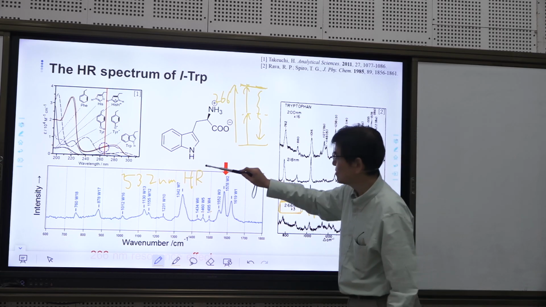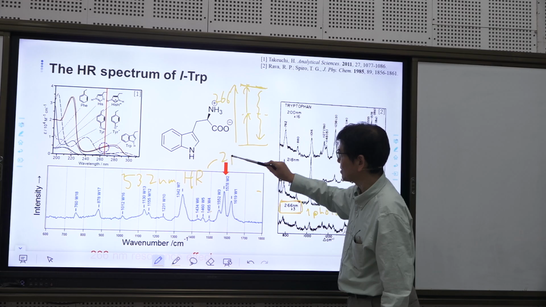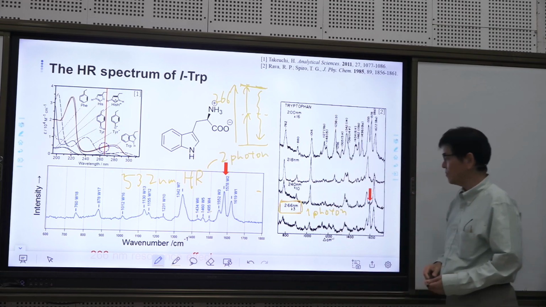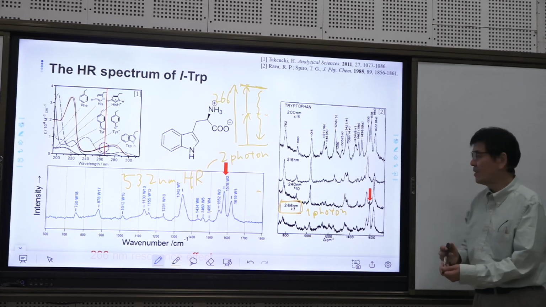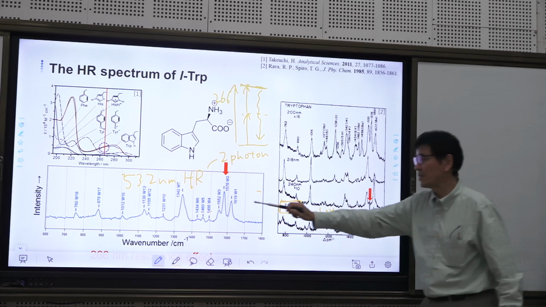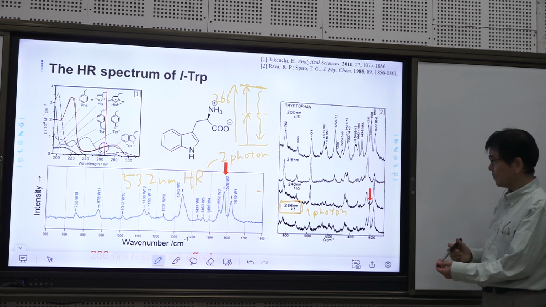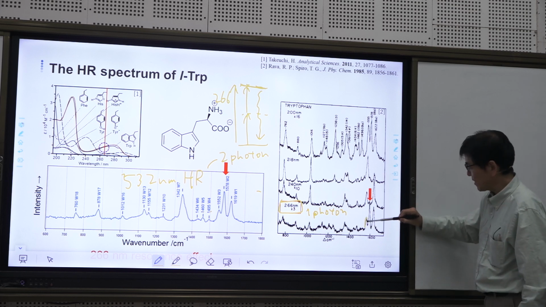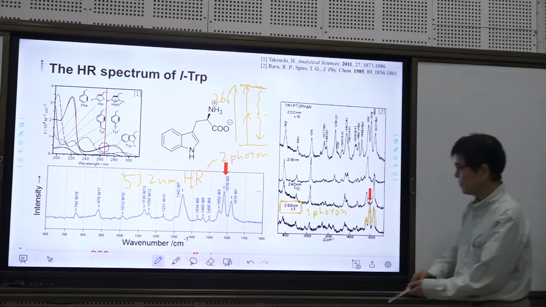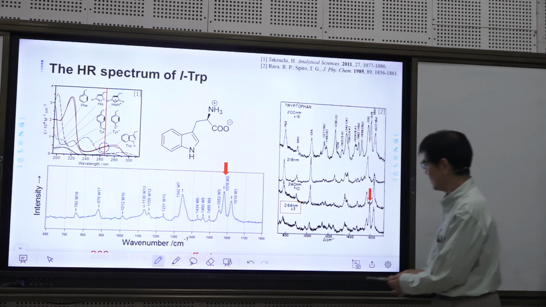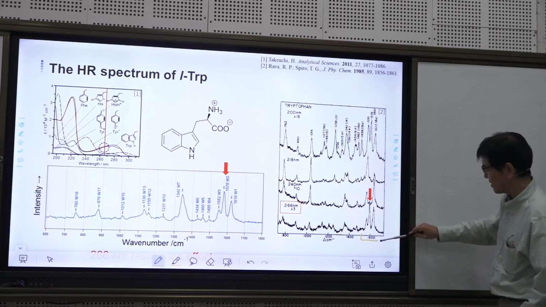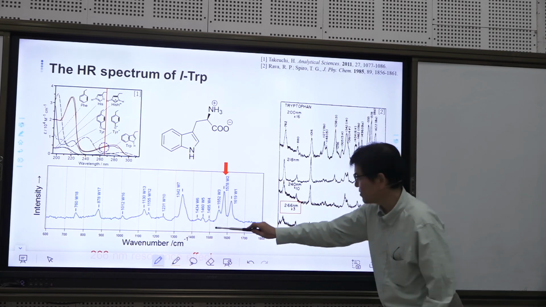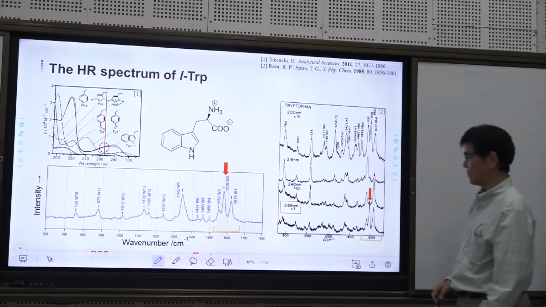This is 2 photon excitation. Let's compare this spectrum and the blue spectrum. You see, here are the triplet bands, and here are the triplet bands. This pattern matches with this feature.